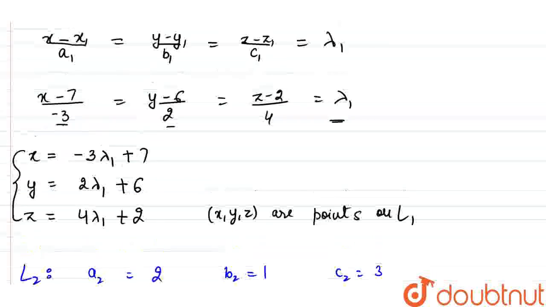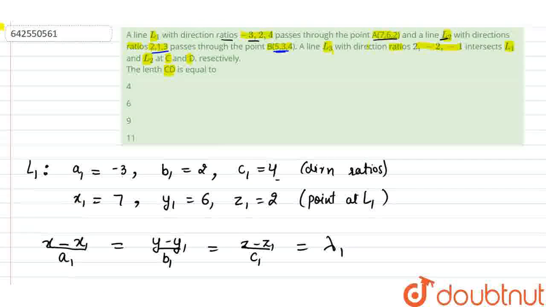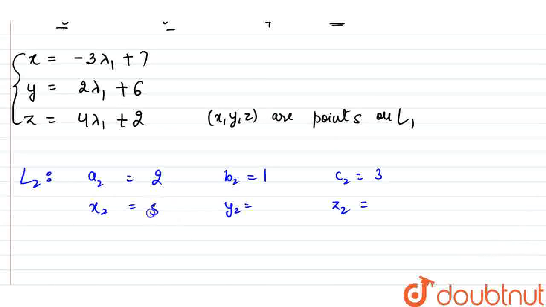The point through which line L2 is passing is denoted as x2, y2, z2, and these are 5, 3 and 4.